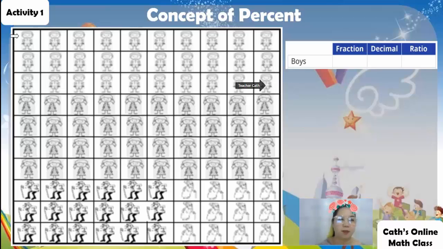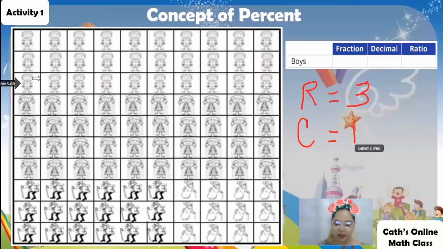Or we can simply count the number of boys in the row, which is 10, and then count by rows, which is 3. There are 3 rows of boys, and in the columns, there are 10. So 3 times 10 is equal to 30.